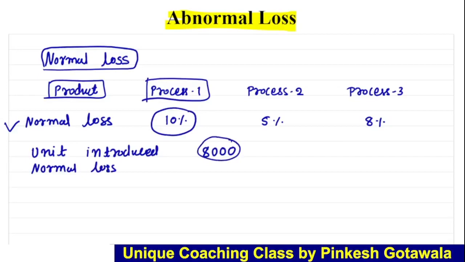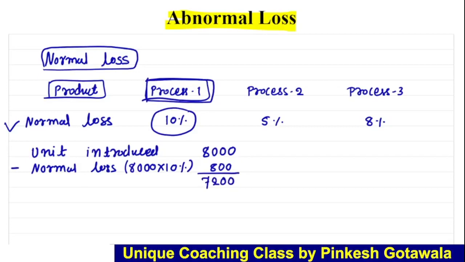Of the units introduced in that process, that is, 10% of 8,000, which means 800. They know very well that if they introduce 8,000 units in process 1, there must be 10% loss. That is called normal loss. So how much production will occur? That is 7,200. This much loss will occur.